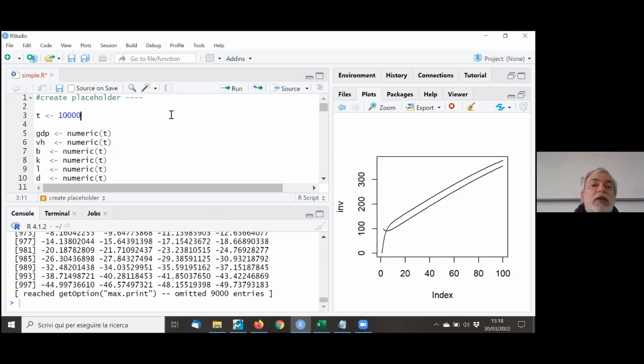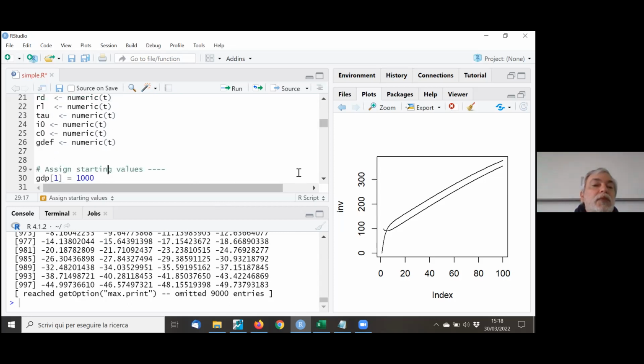But I don't think this is the problem. We can try to just increase the number of iterations, from 10 to 100. I don't know.